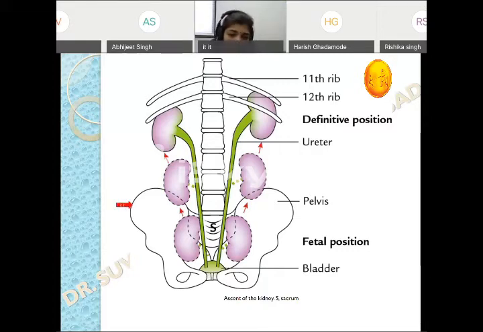Sorry. It's not going. Clear. Okay. What happened, Tanuja? Ma'am, I was taking the screenshot and something went wrong.